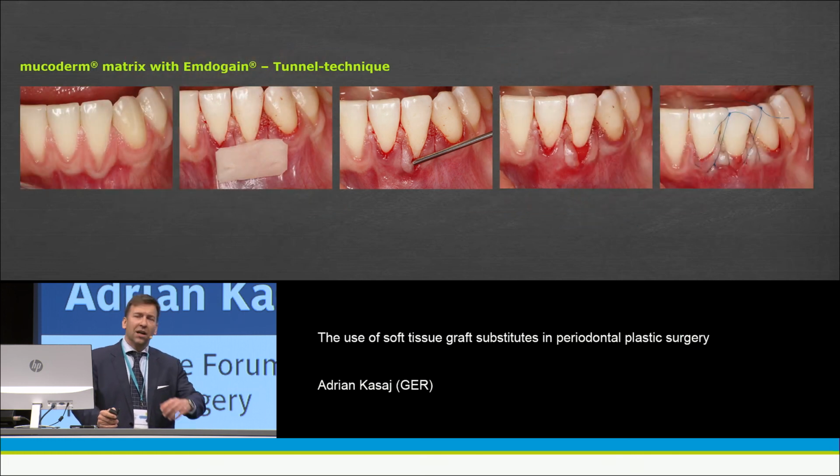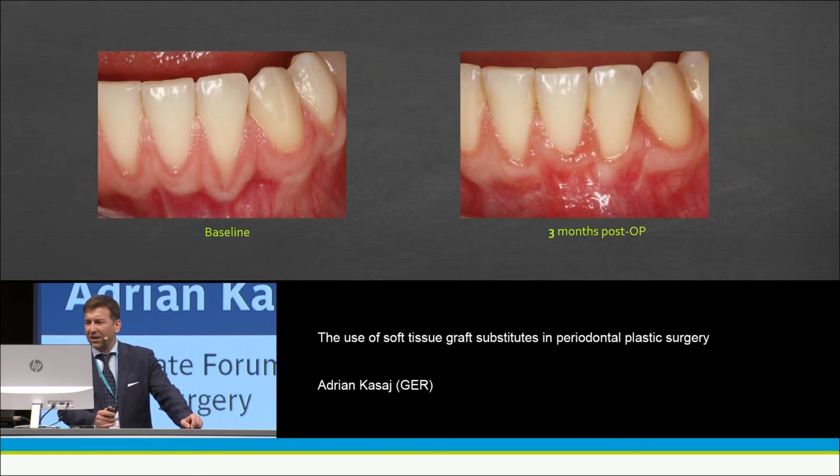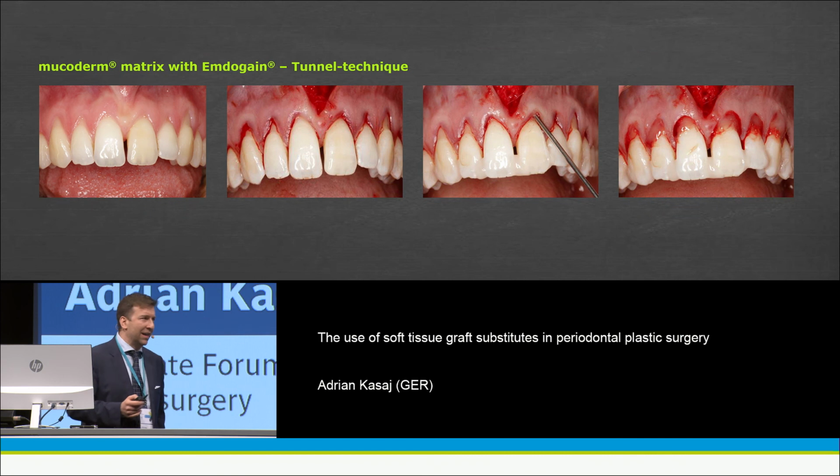And also here, the possibility to combine it with a tunneling approach. Also here, the application of the Emdogain to the root surface, then the matrix, another layer of Emdogain on top of it. And you see also here the outcome 3 months post-op in comparison to the baseline situation. Also here in the maxilla, you can use this VISTA approach.